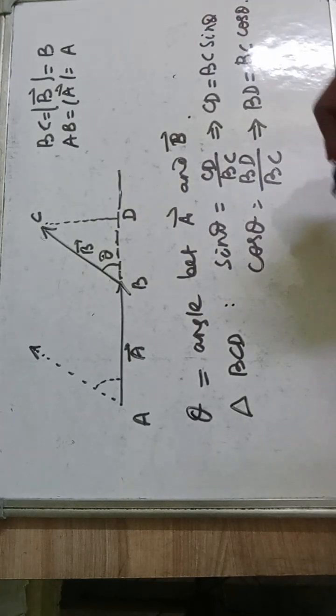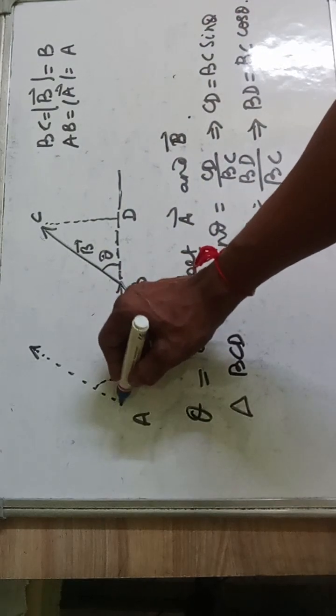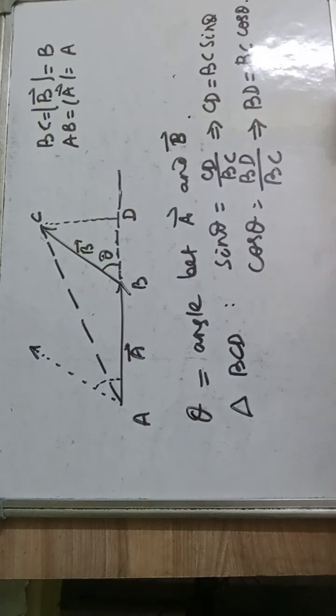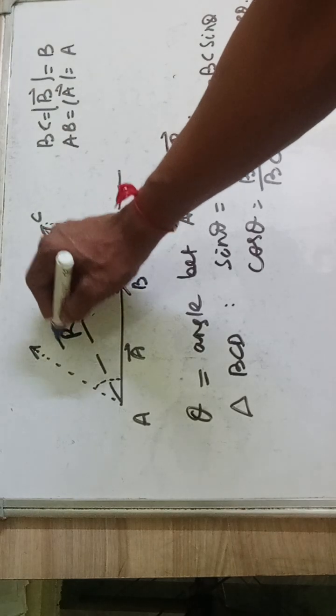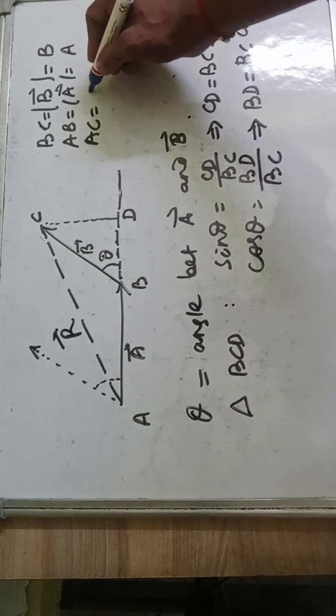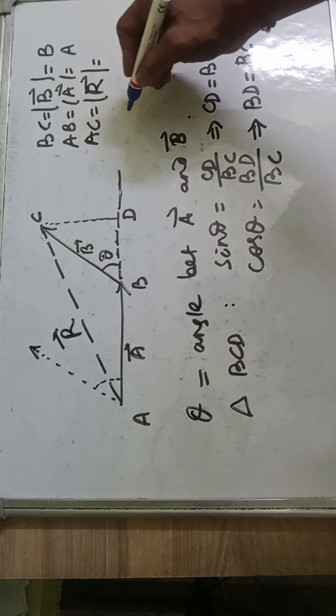Now we got one new triangle by joining A and C. Here, using the triangle method, R is the resultant vector, or AC is the magnitude of resultant vector R. What is R?